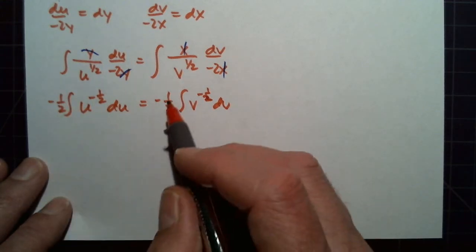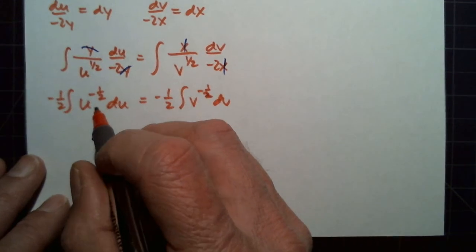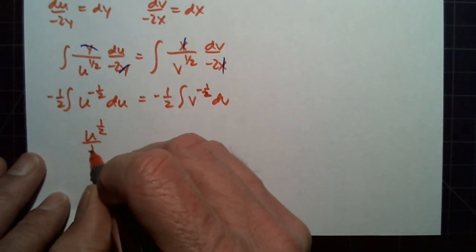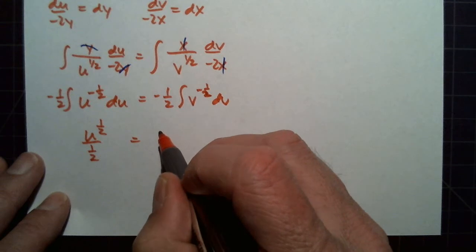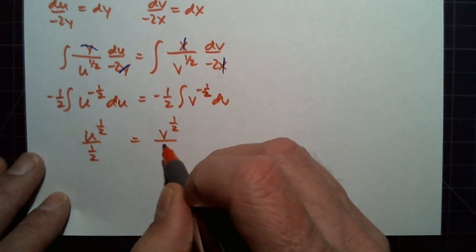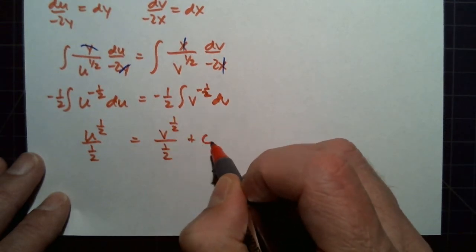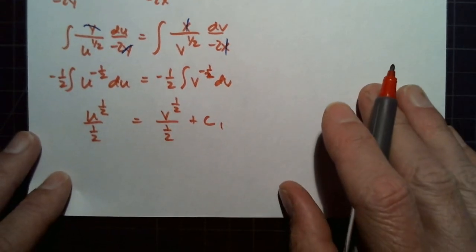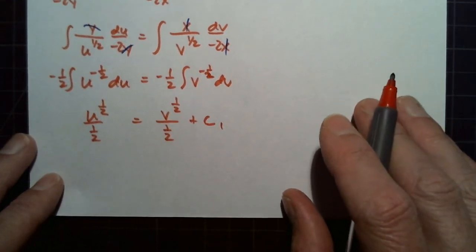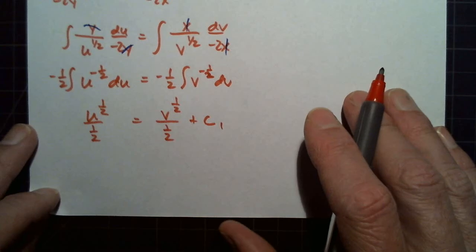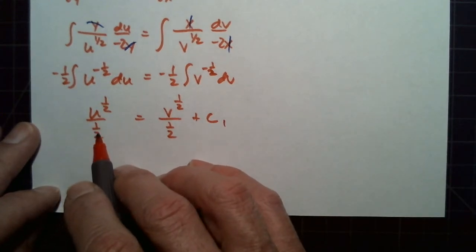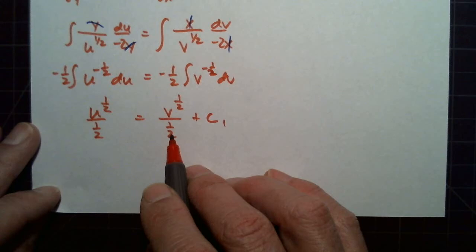We can cancel the negative 1/2, and now we're going to add 1 to this and divide, add 1 to that, divide. Alright, so we have, let's multiply both sides by 1/2.